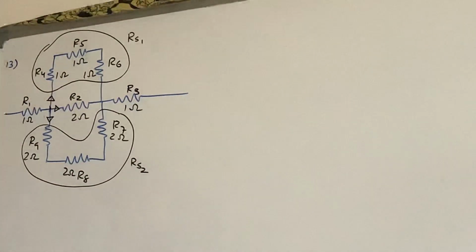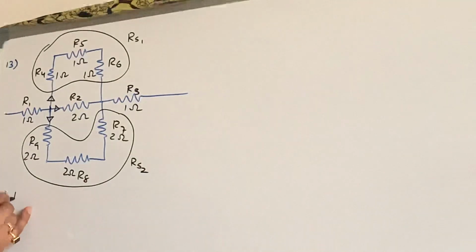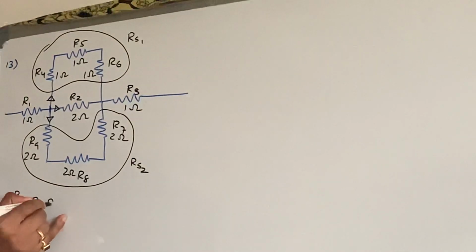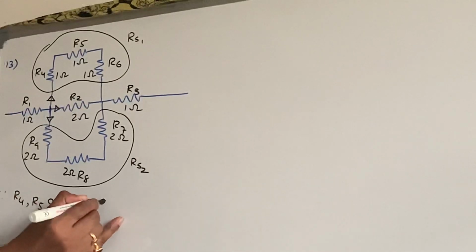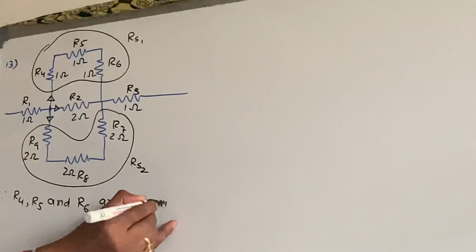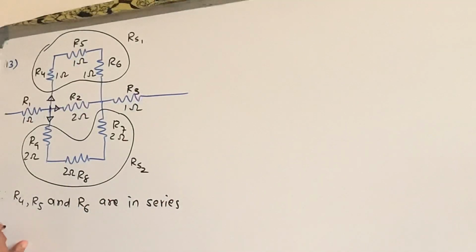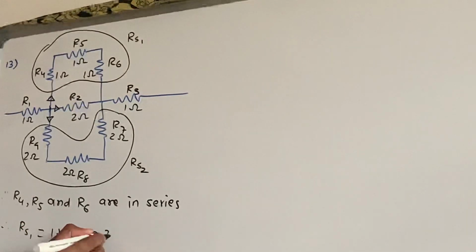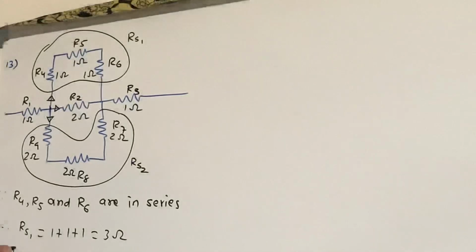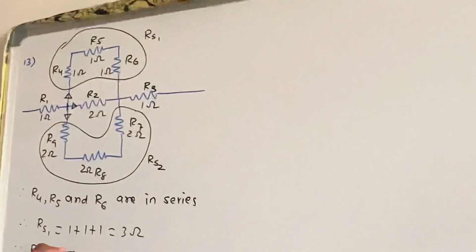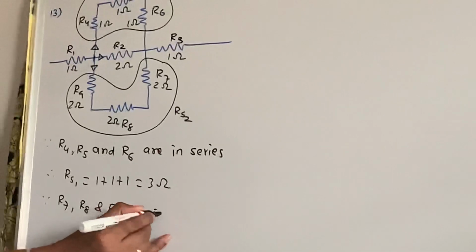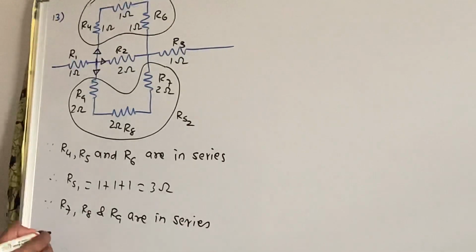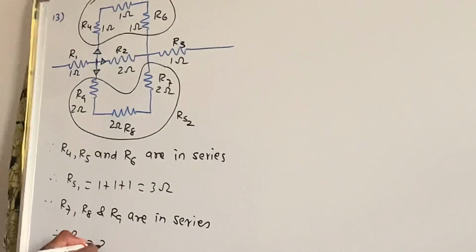So first of all, I will write, since your R4, R5 and R6 are in series, therefore RS1 is 1 plus 1 plus 1, that comes out to be 3 ohm. Now since your R7, R8 and R9 are in series, RS2 is 2 plus 2 plus 2, that comes out to be 6 ohm.